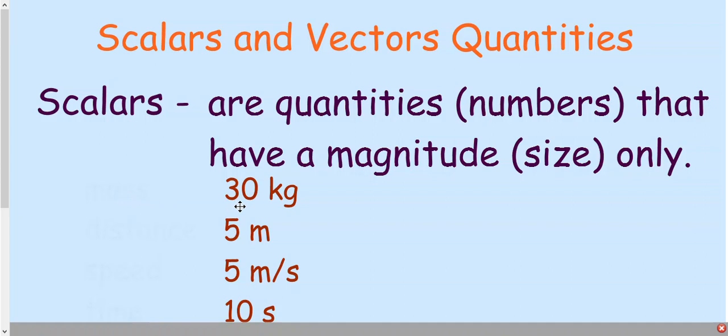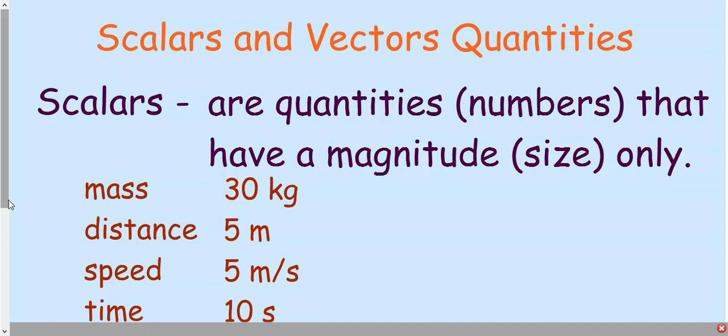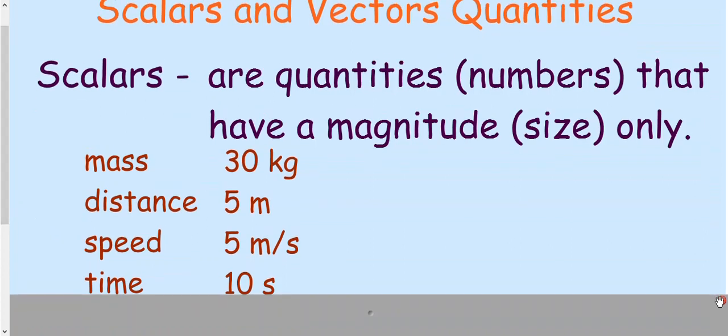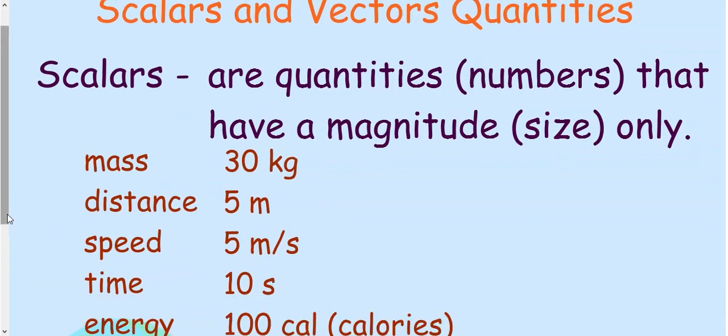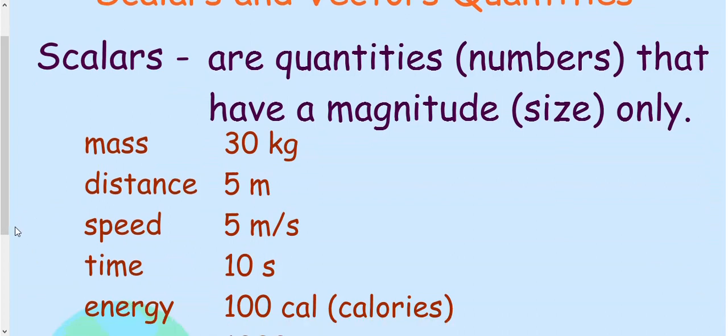So this one gives us mass, this one gives us distance, this one gives us speed, and this one gives us time. But we're going to focus on two major quantities that are involved in the description of motion.